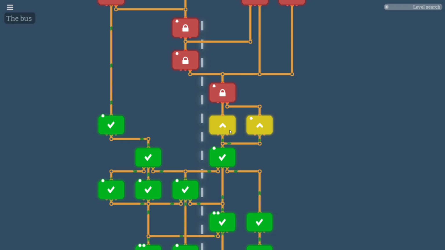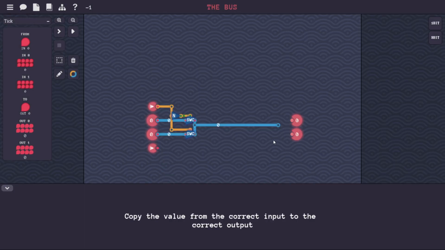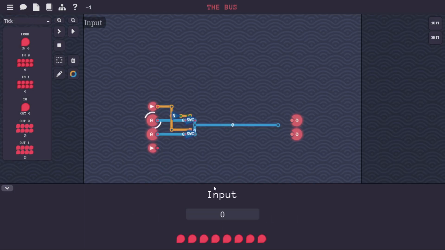Let me try reset again. This was 56 and negative 12. And now switching that, we are okay. But now we also need to use this signal.